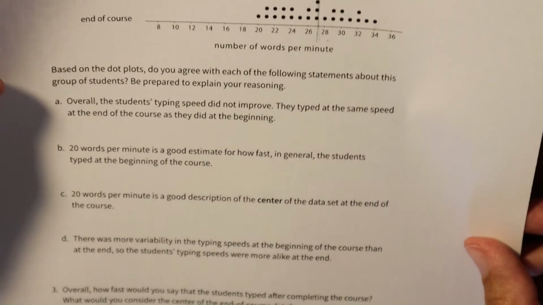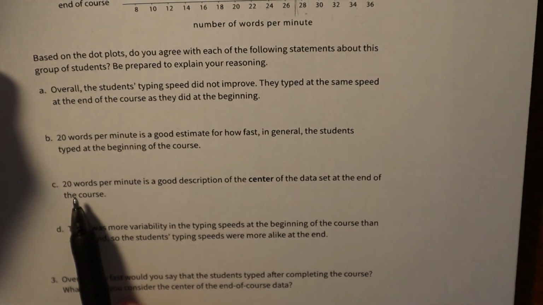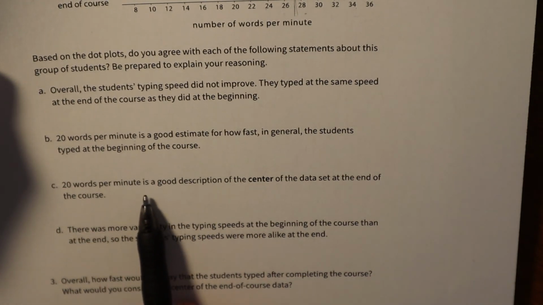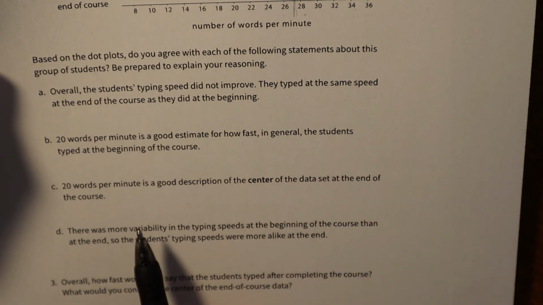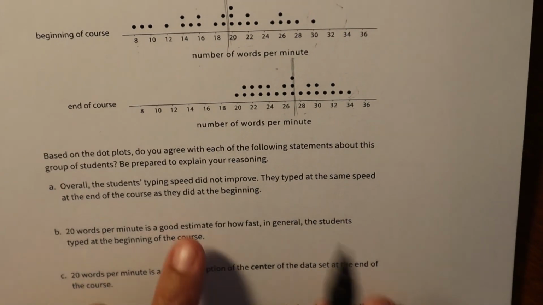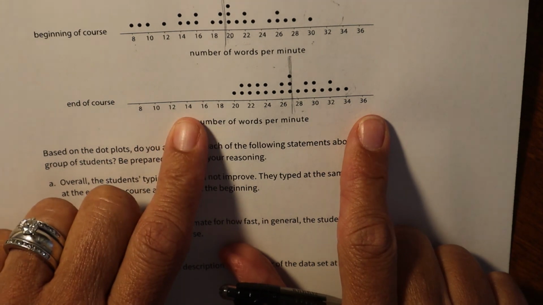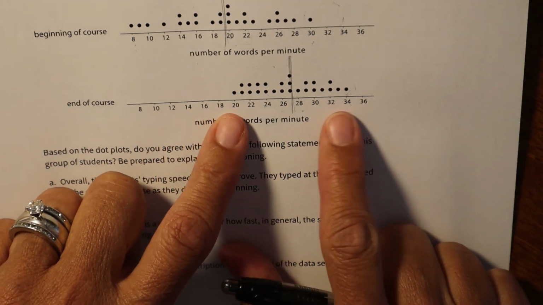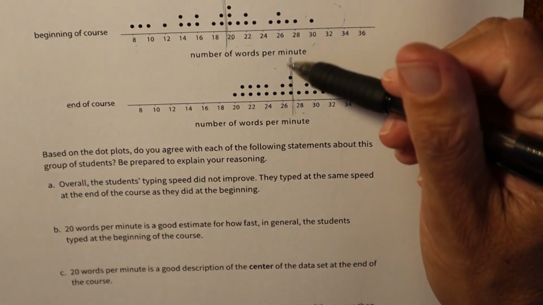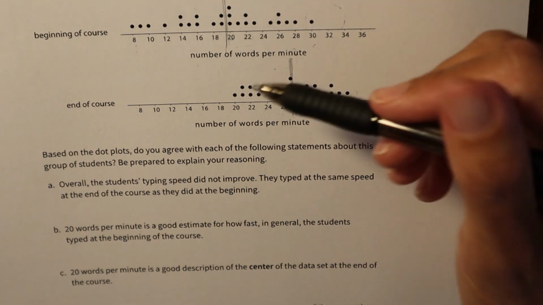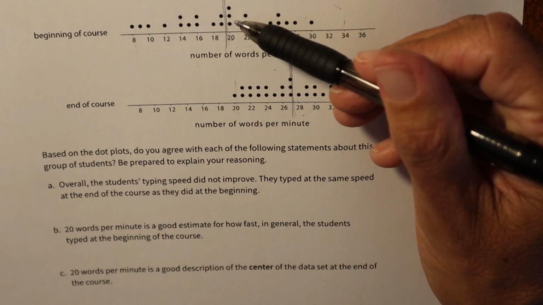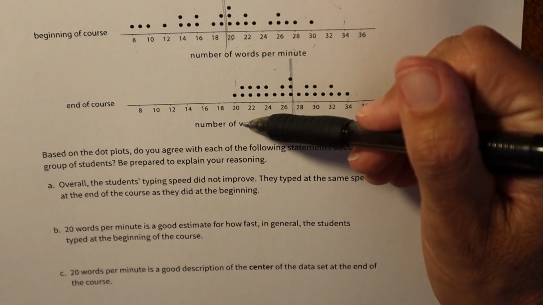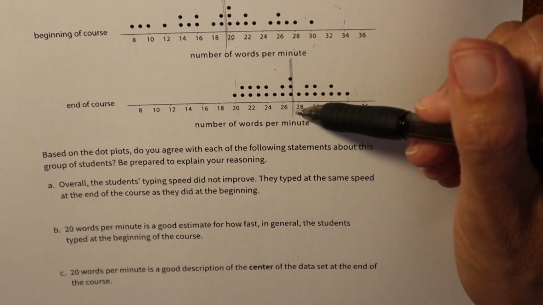Let's look at the next question. 20 words per minute is a good description of the center of the data at the end of the course. Okay, so let's look up here at the end of the course. Now, when we did it earlier, we determined that actually 27 is a better center. They're saying it's 20. Well, 20 would have been a good center at the beginning of the course, but by the end of the course, it definitely had increased to 27.